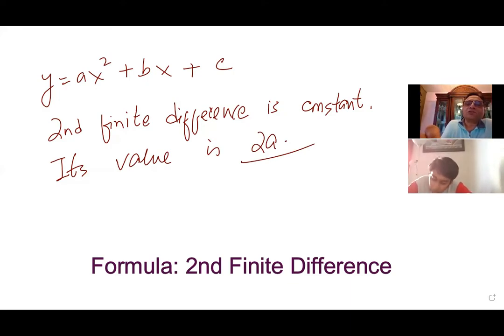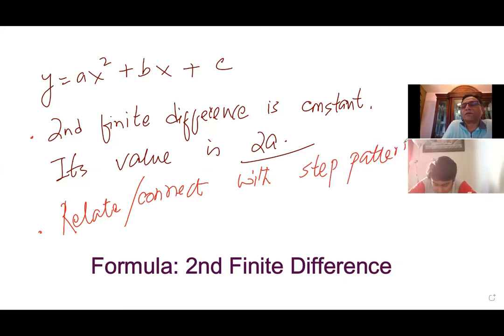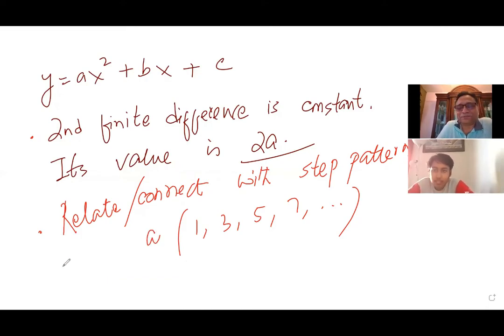Yes, sir. So how do you relate it? We can connect it with the step pattern, which for a quadratic function is 1, 3, 5, 7, and so on, times a. You get the idea. Yes, sir. And you know this step pattern. The step pattern basically, as you know, is the first difference.